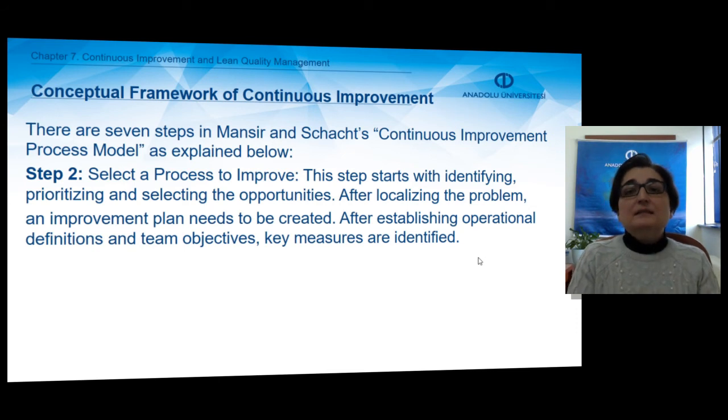This step starts with identifying and selecting the opportunities. After finding out the problem, improvement plans need to be created.